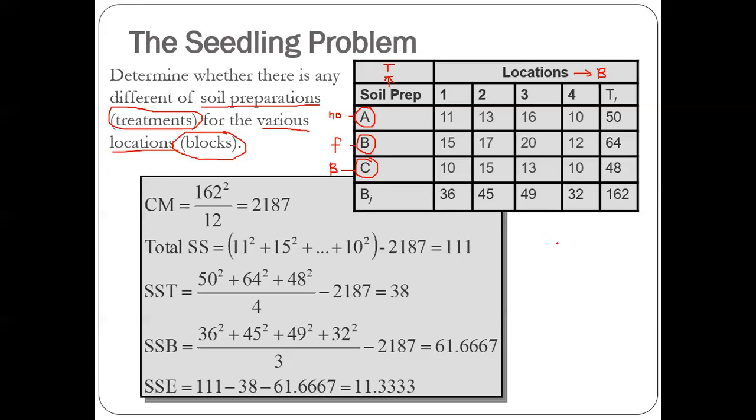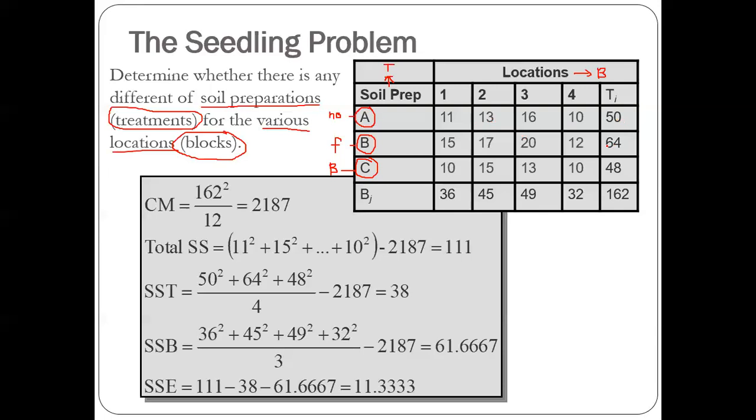Okay, so in our first step, same like one-way ANOVA, we must count all the values for the locations and soil preparation. So the total value for treatment for 4 locations for soil A is 50.